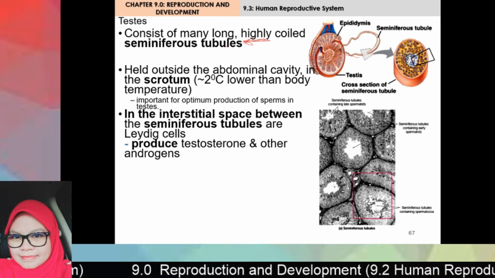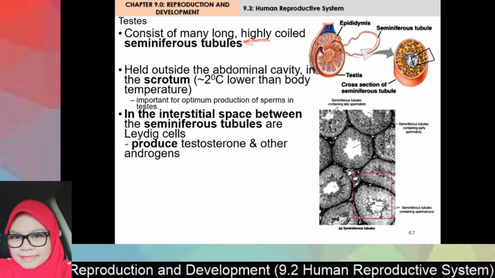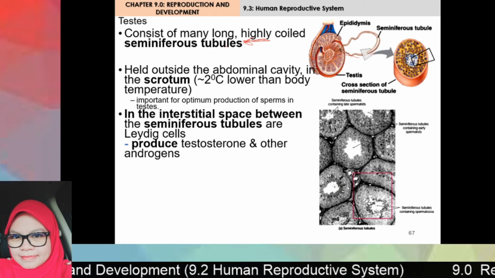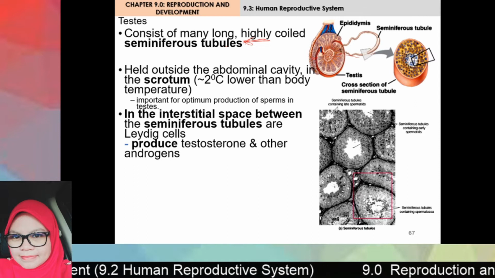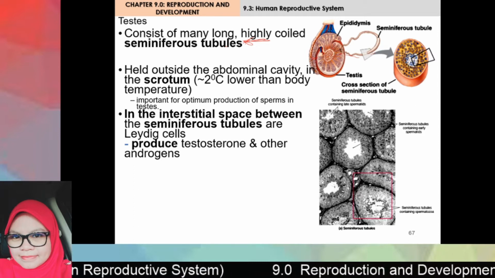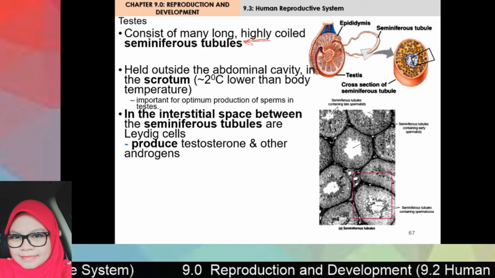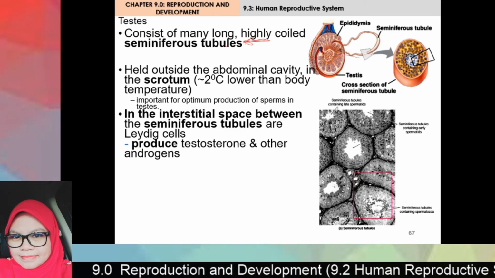So ini adalah penting untuk production of sperm. Okay, so maksudnya dia perlukan suhu yang tak boleh panas sangat. Kalau kata badan kita adalah 36, so memandangkan dia berada dekat luar daripada badan, dia akan jadi dalam 34 macam tu. So that's why ada fact yang katakan lelaki tak elok pakai yang terlalu ketat atau sebagainya, yang berada di tempat panas, mandi air panas, sebab dia akan mengganggu spermatogenesis.